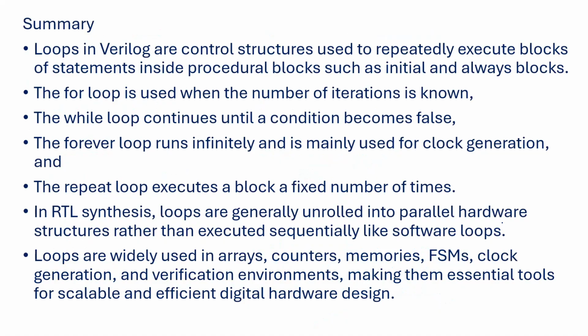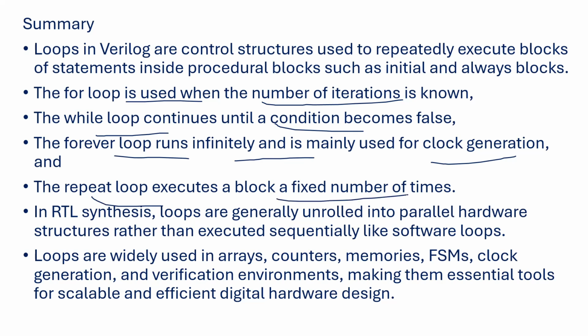So this is the summary you can study. The repeat loop executes a fixed number of times. For loop executes a number of iterations; use it for a number of iterations. And while loop repeats until the condition becomes false. And forever loop runs infinitely; for clock generation purposes we are using it. And then repeat loop executes a fixed number of times.